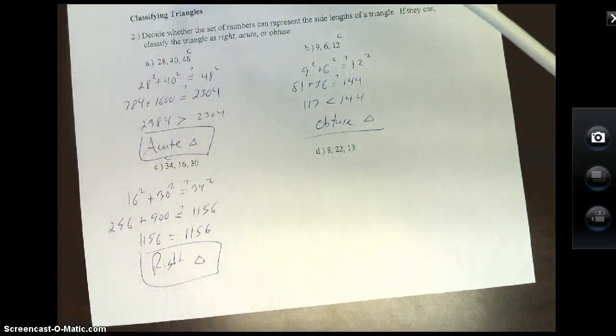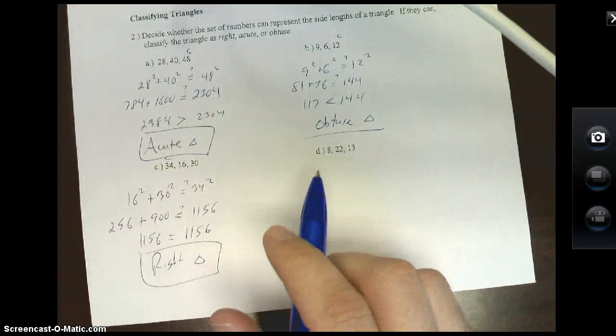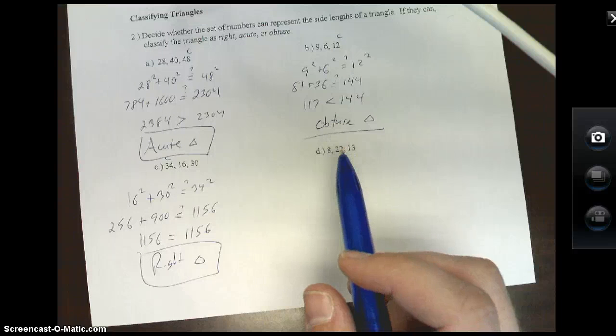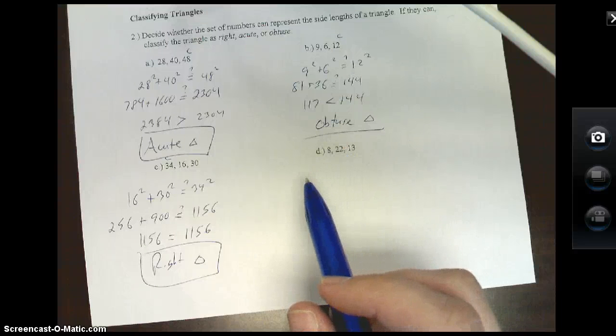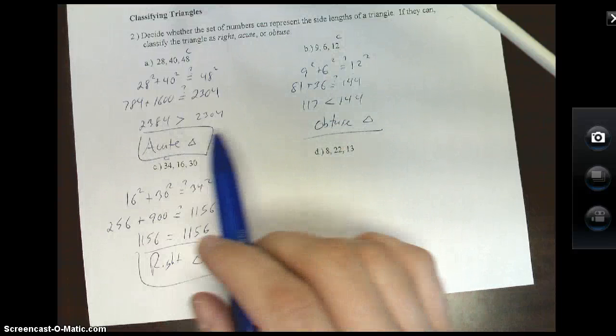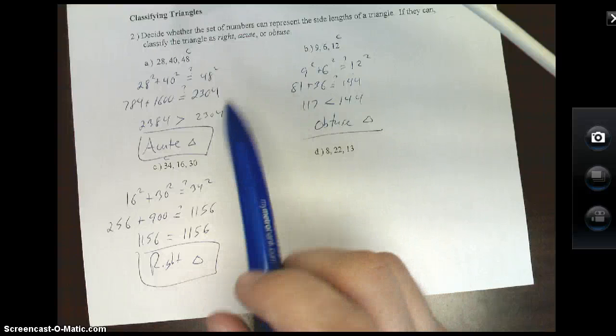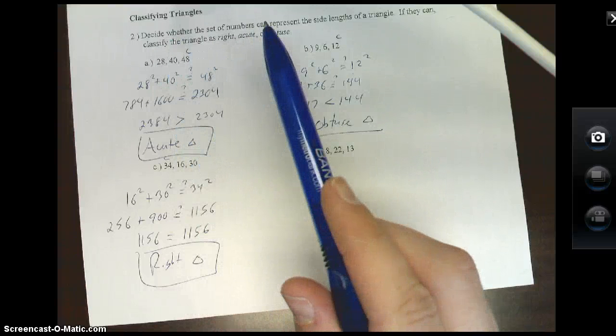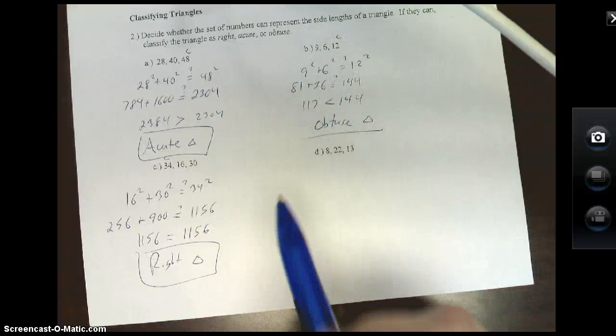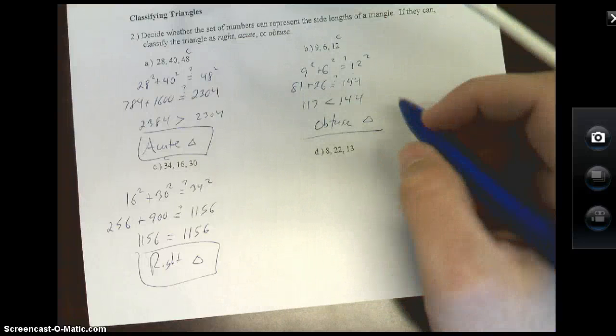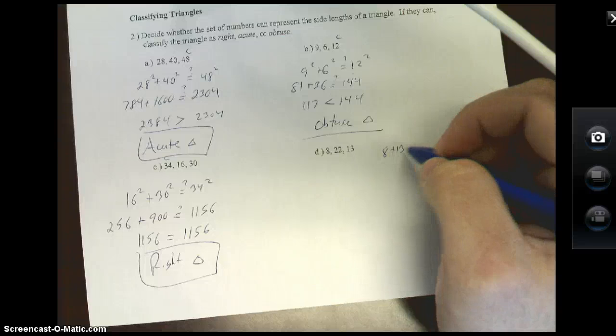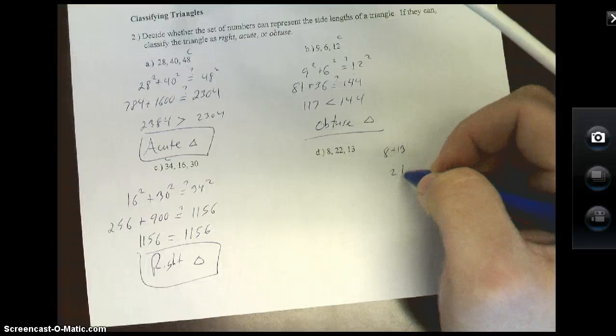Now, this last one, you might be inclined right away to go, oh, c is 22, let's go with it. However, the one thing that I didn't check with the other ones, maybe you've noticed this, is that it says decide whether the set of numbers can represent side lengths of a triangle. If we look at part D, you see how 8 and 13 gives you 21?